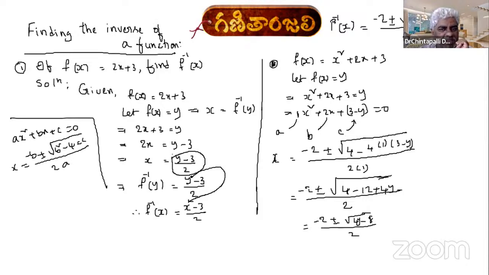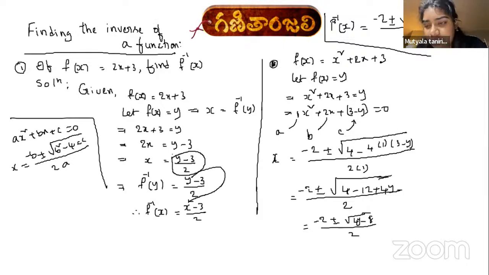At the end, we replace y by x. So f inverse of x is equal to negative 2 plus or minus the square root of 4x minus 8, by 2. It is the inverse of this function. Inverses of functions are to be found like this.